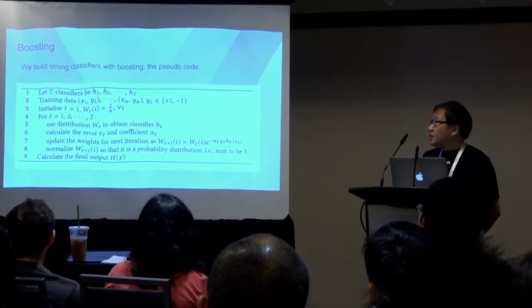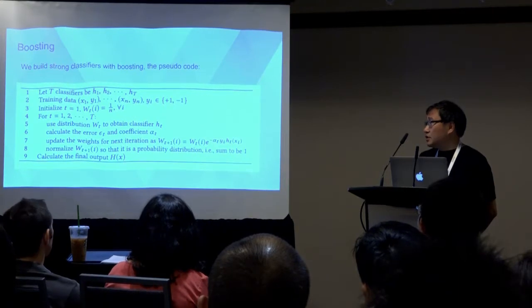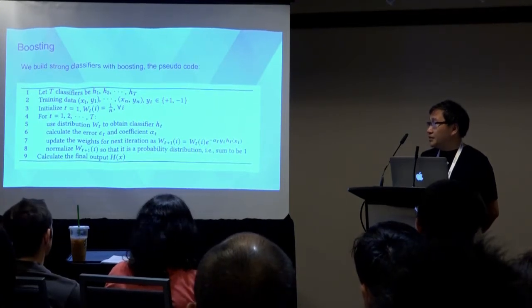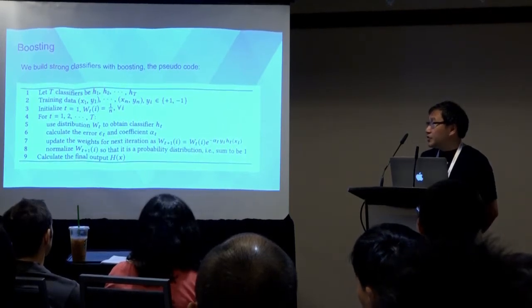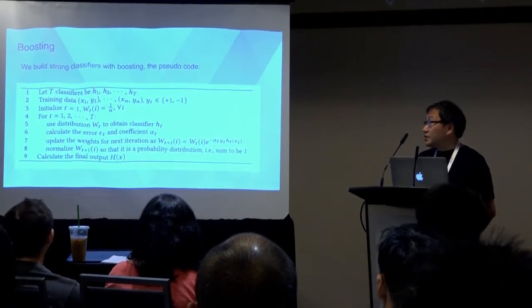For the boosting algorithm, it's a standard AdaBoost algorithm. What we do is build a set of classifiers. They look at the past training data, where X represents each individual inventory and its corresponding features.